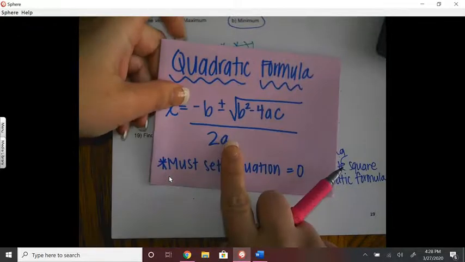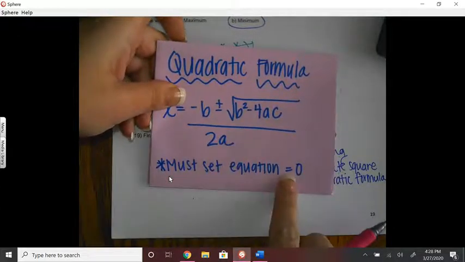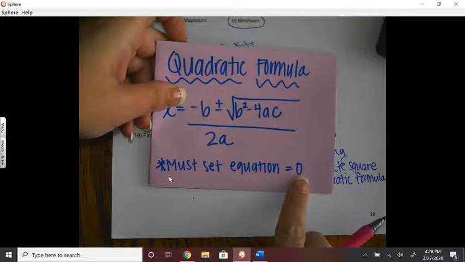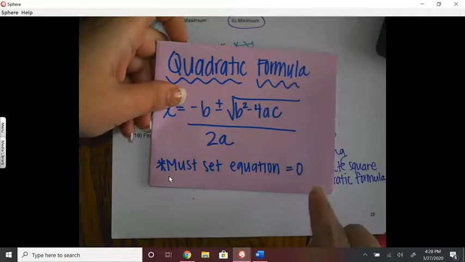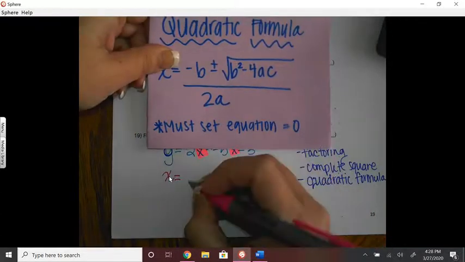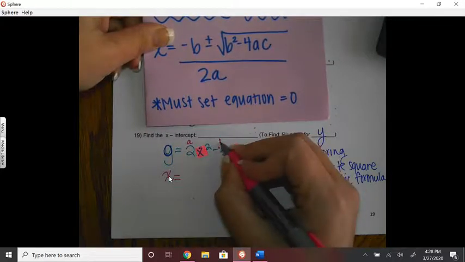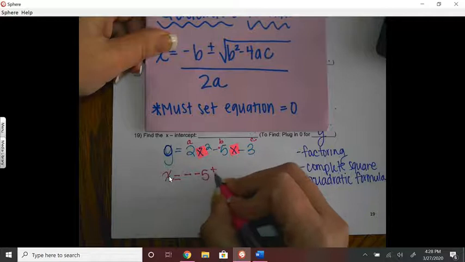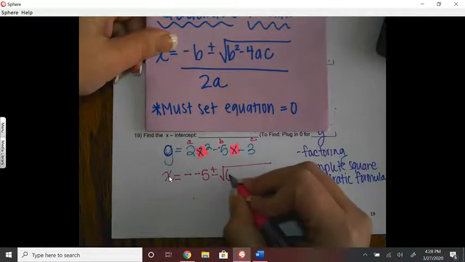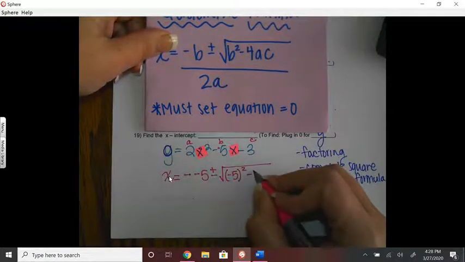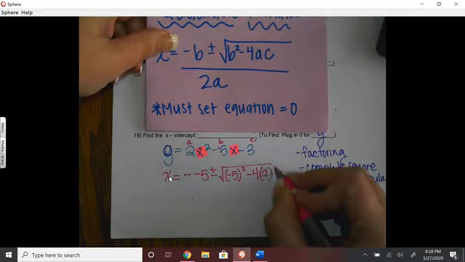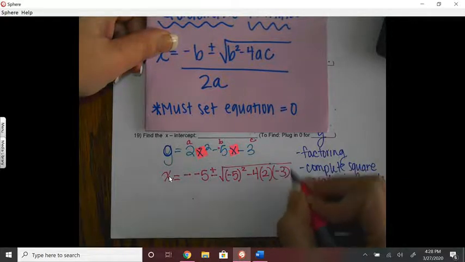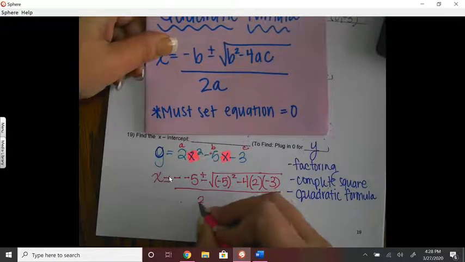So this is our quadratic formula, and we use it when the equation equals 0, and we want to know what x is that makes the equation 0. So this is a, this is b, and this is c. So negative b plus or minus the square root of b squared minus 4ac, all divided by 2a.